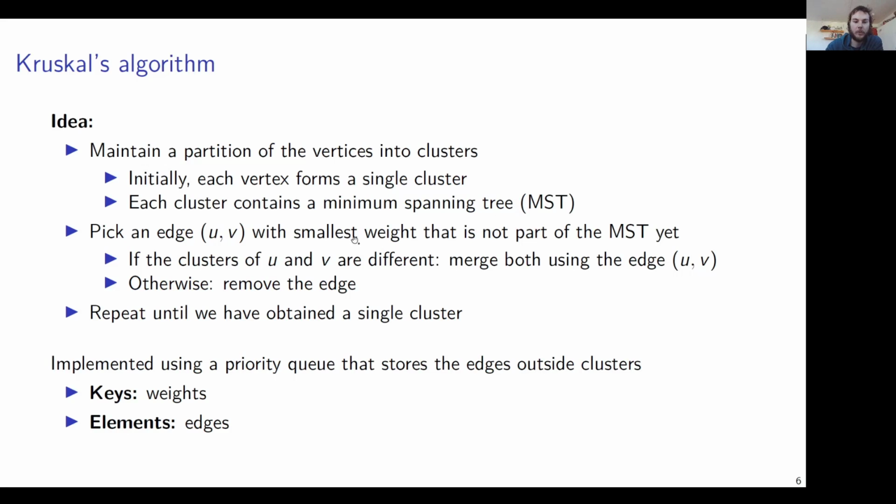Now, what we're going to do is pick the edge with the smallest weight that's not part of a minimum spanning tree yet. So an edge that connects different clusters.